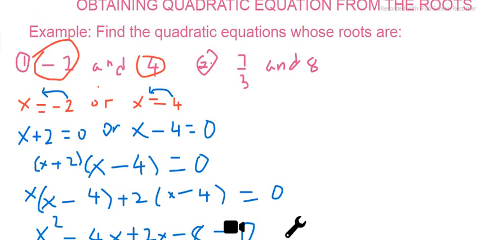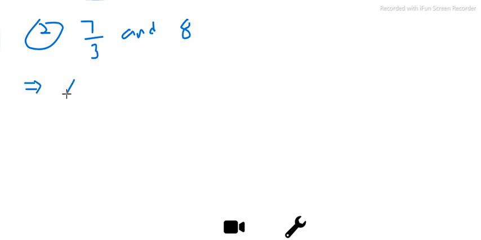The roots are 7/3 and 8. So this means when you solve the quadratic equation, if these are the roots, that means x is 7/3 or x is 8.